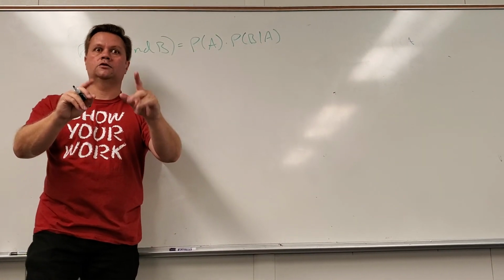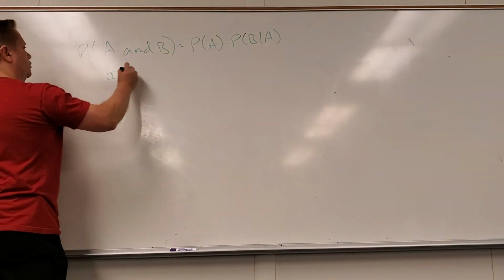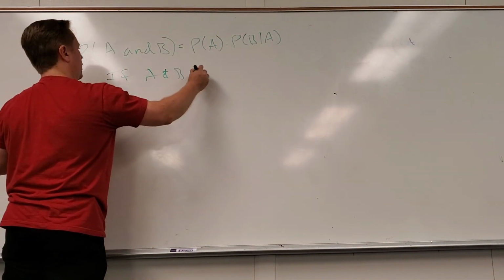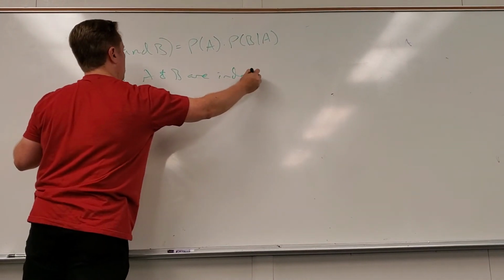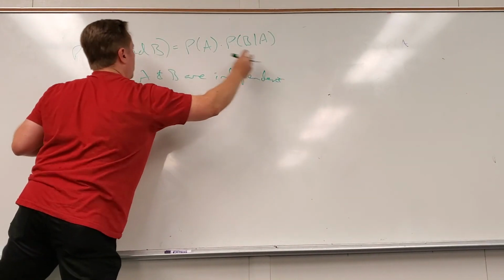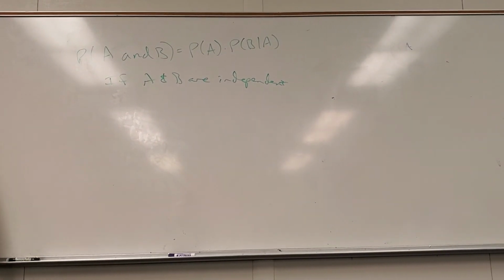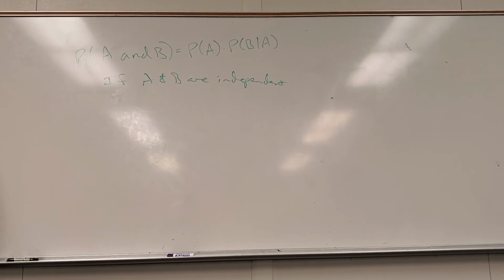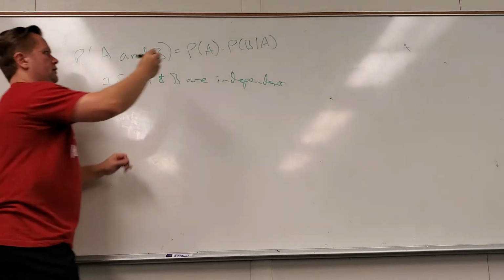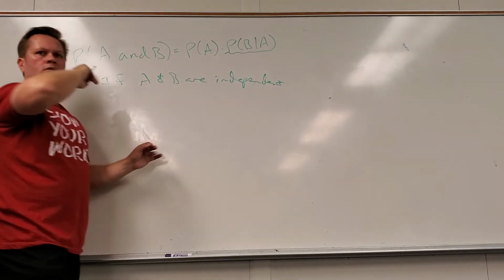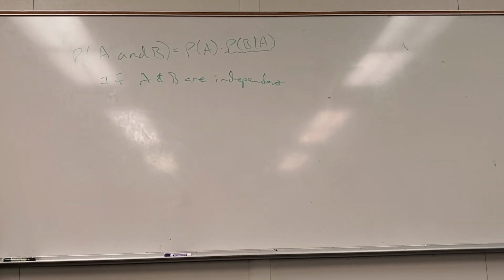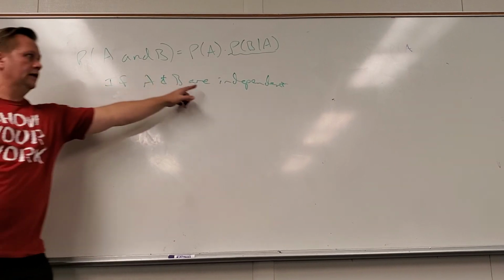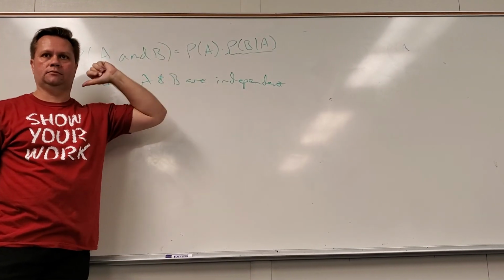So if I also knew that A and B are independent, what piece of this equation can I change a little bit? If A and B are independent, what is this? Probability of B. Because A happens, if I know this, I know that B doesn't care.